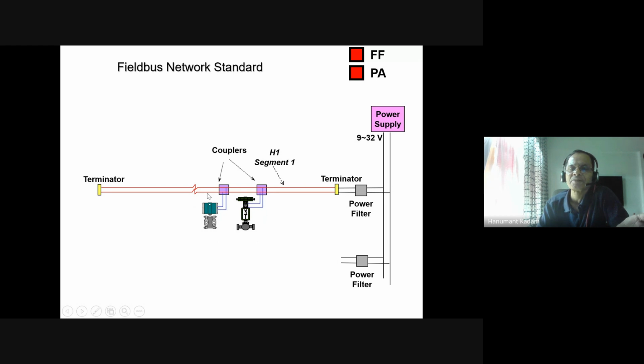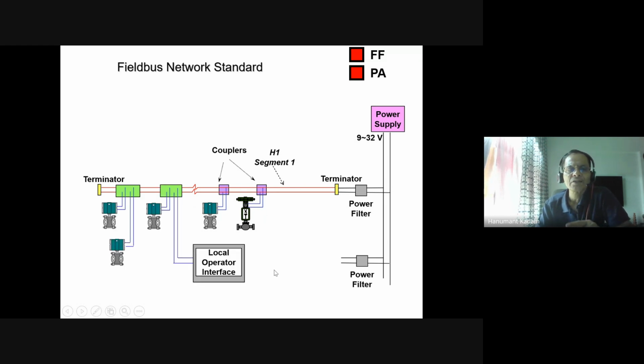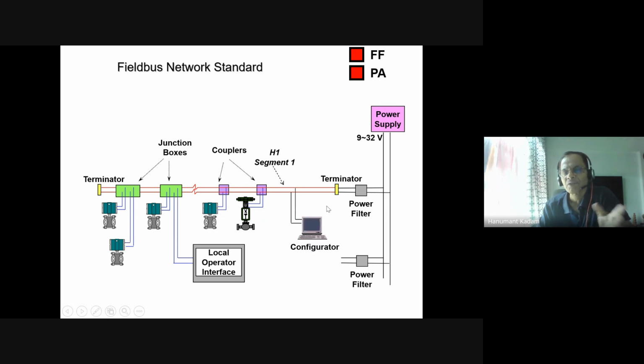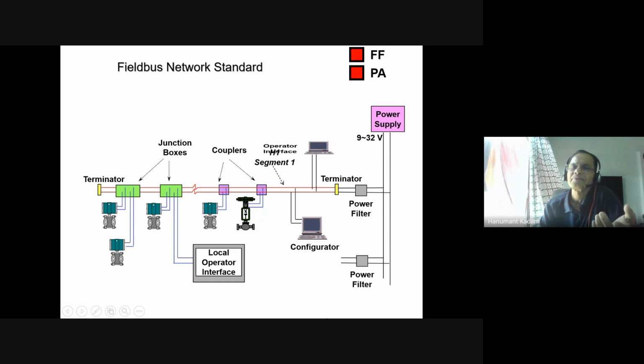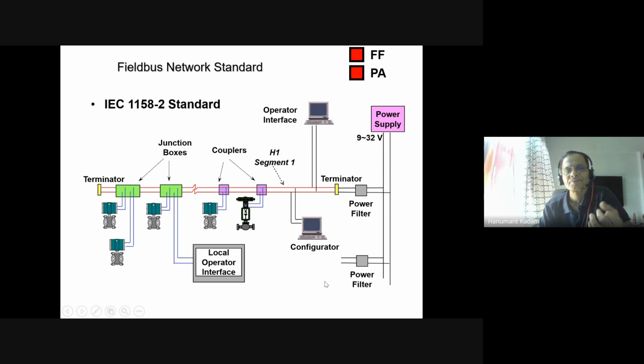These are couplers, and here also you can see devices connected through junction boxes. A local operator interface can also be connected. These are junction boxes, and finally you can terminate this, and here you can have this type of configurator, or we can have a handheld operator interface.